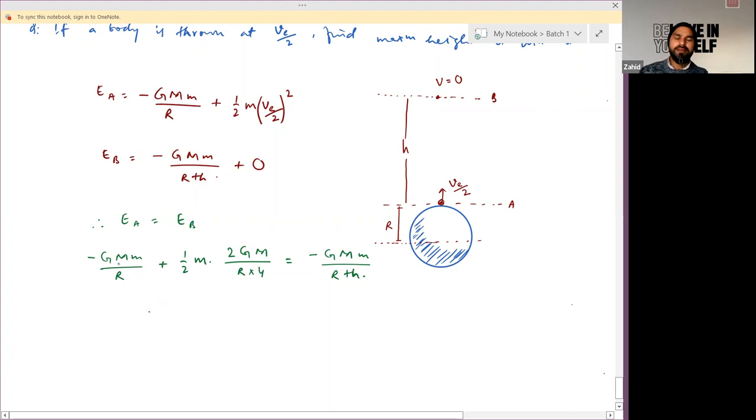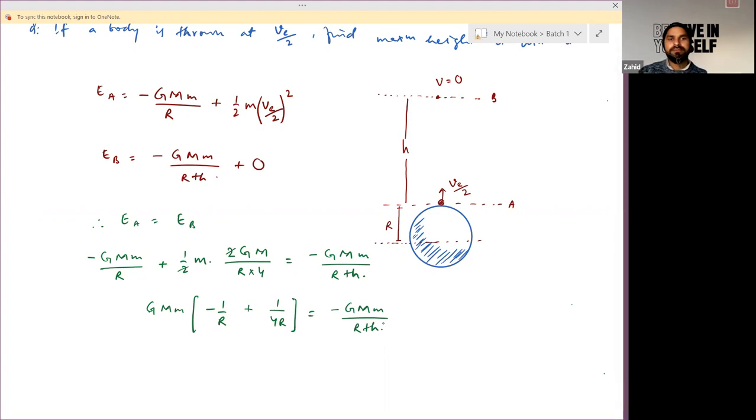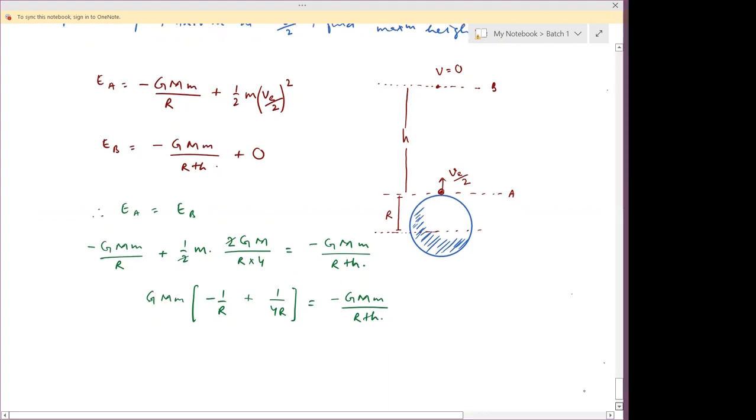Let me solve. Just take out GMm as common. So you're left with minus of 1 by R at this point. This 2 and this 2 will cancel out. So you'll get 1 by 4R equals minus GMm by R plus H. Is it clear? Yes, sir.